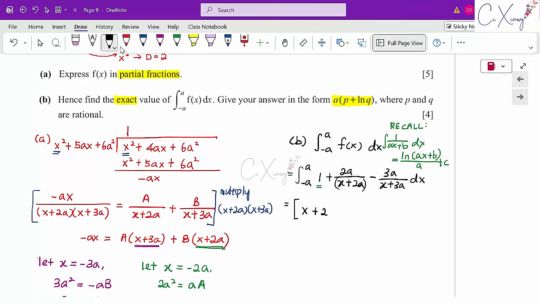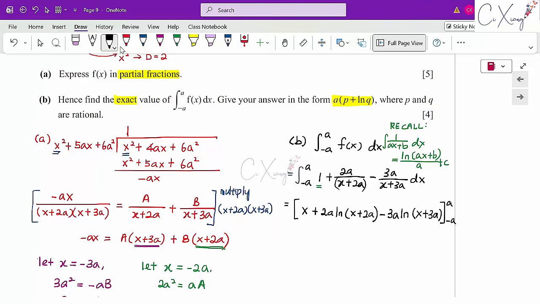So I will have 2a with ln of x plus 2a. Same thing happens for the last term. Negative 3a is a constant, so I copy it, then bring up the bracket to become ln of x plus 3a. Differentiating x plus 3a gives 1, so again I don't write it out.